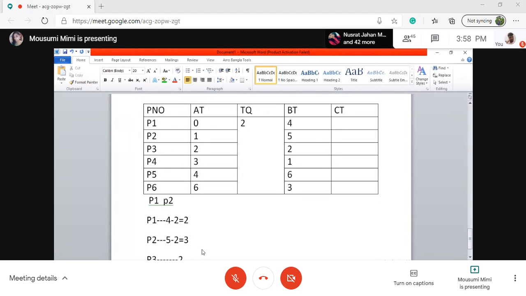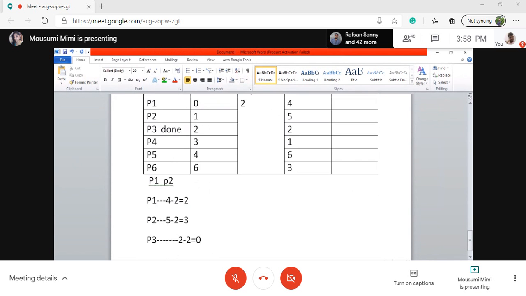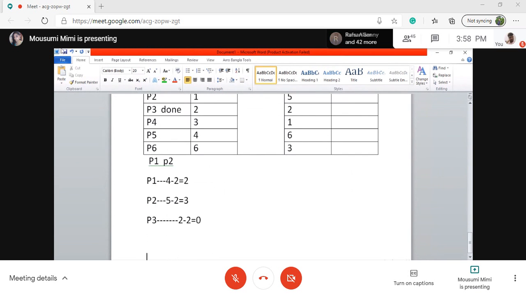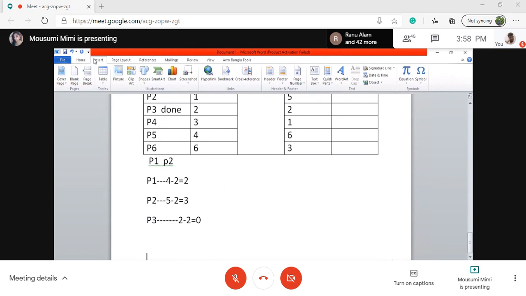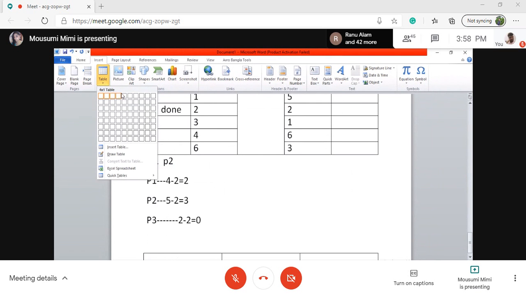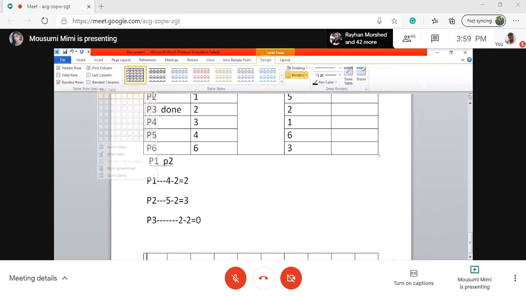So 2 minus 2 equals what? 0. So actually my process 3 is done. No task is remaining. At first my process 1 came.